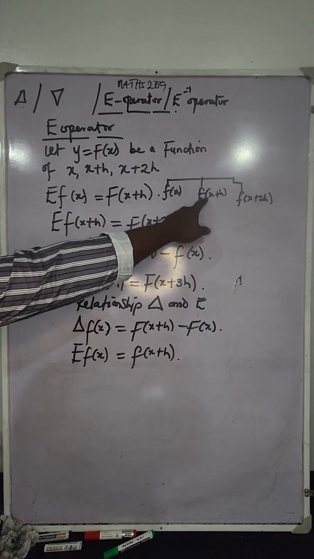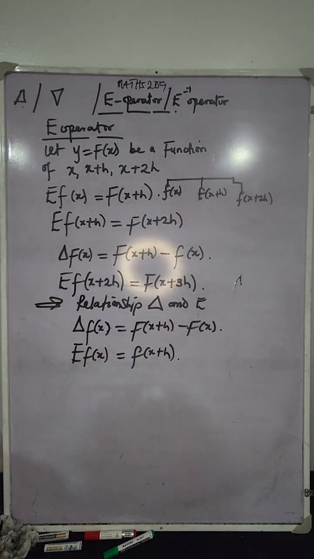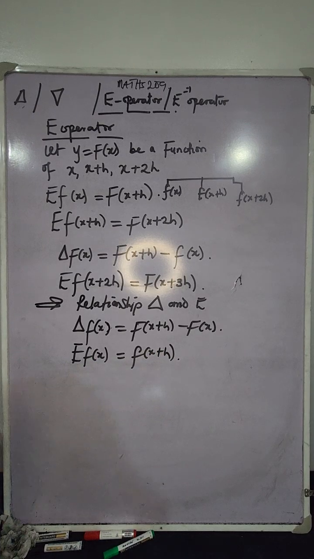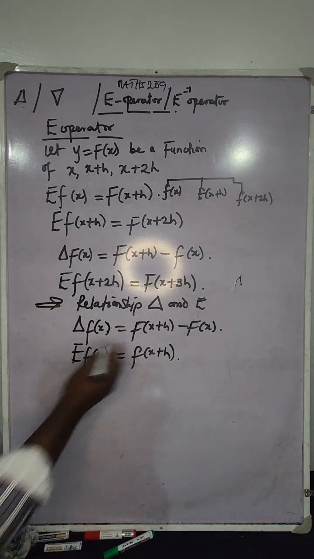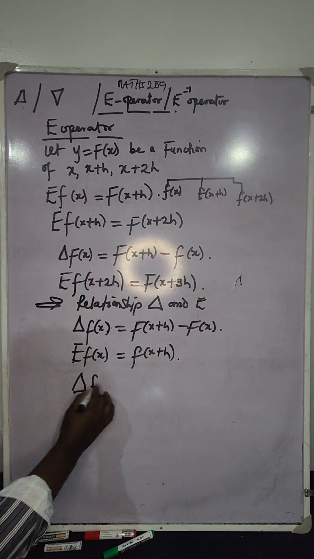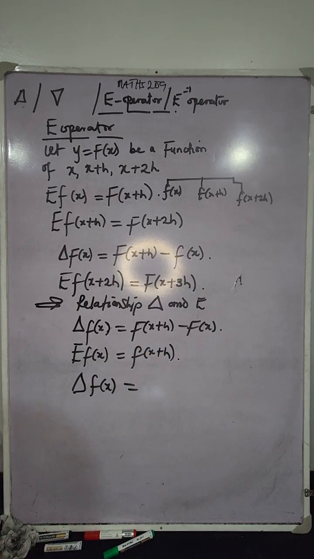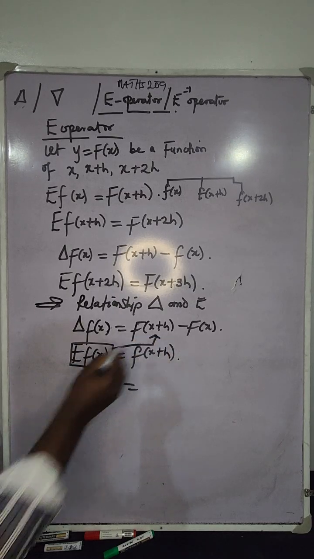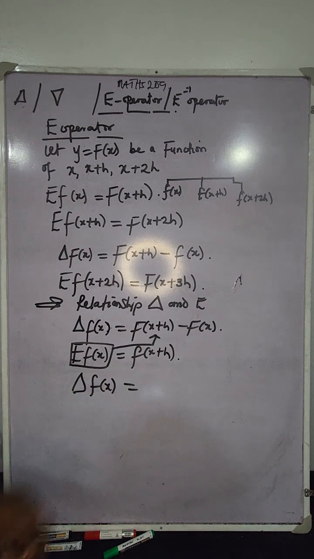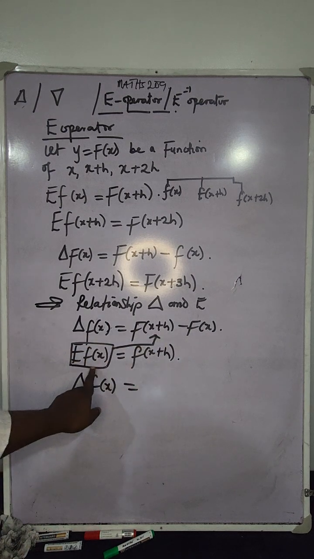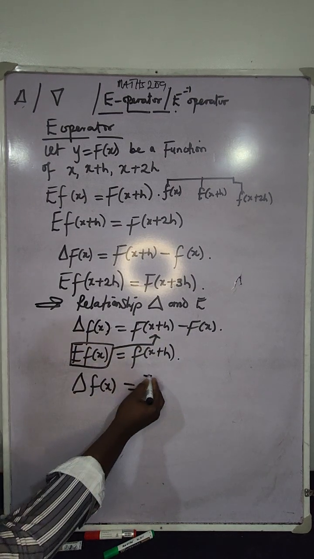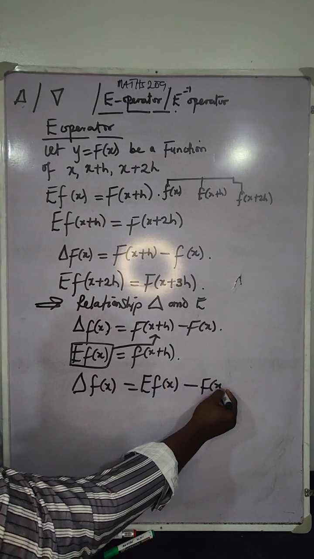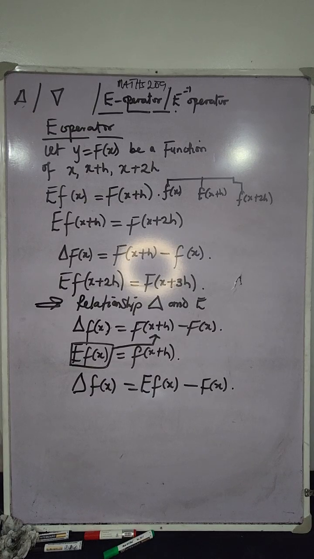So is it possible to translate this and say the forward difference of f of x is equal to, anywhere I see f of x plus h, I write E f of x. So I'm saying E f of x minus f of x. Did you see that?